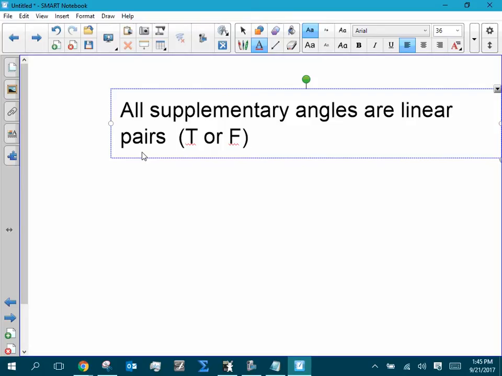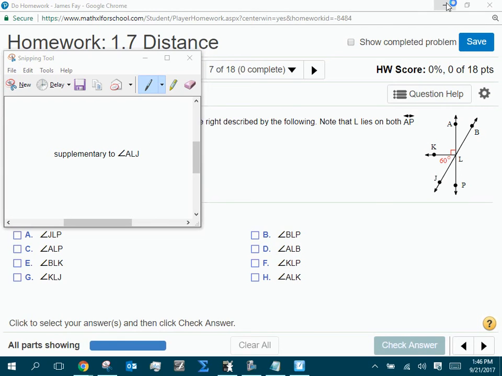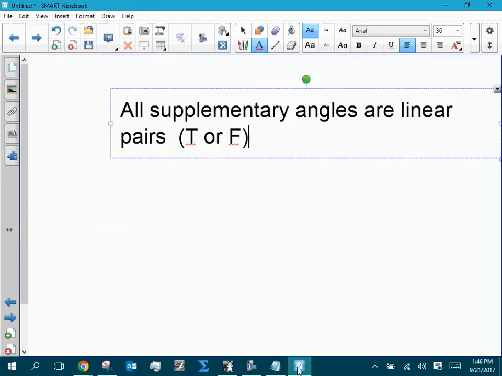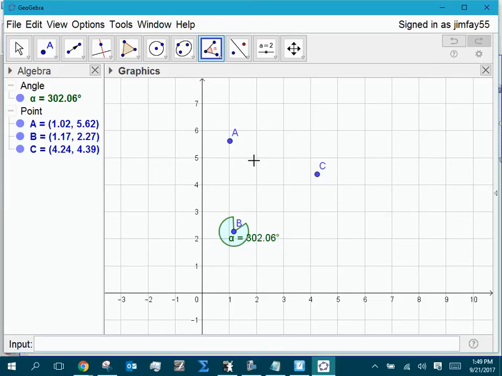Supplementary is when they have 180. Linear pairs is when they're together and they form a line, right? Yeah. That's false. If I have, let's say we go to, it's kind of easier to draw them in GeoGebra than anything. Let's say I'm doing what I want to do.